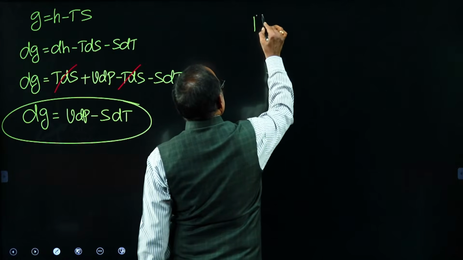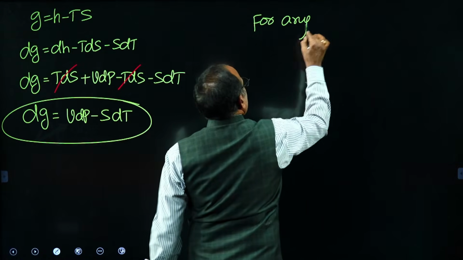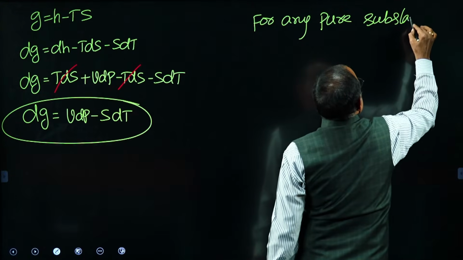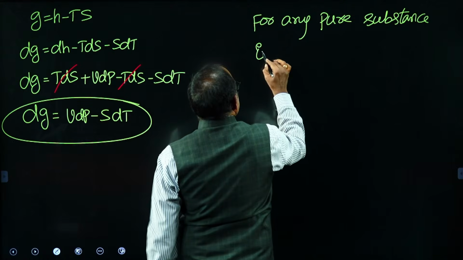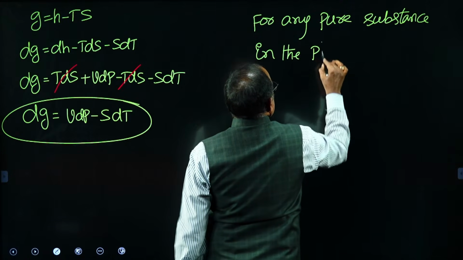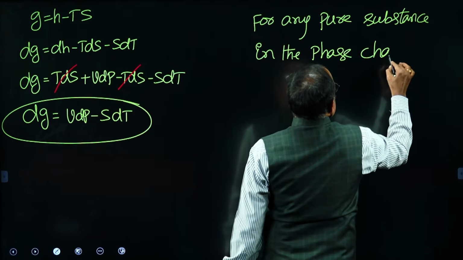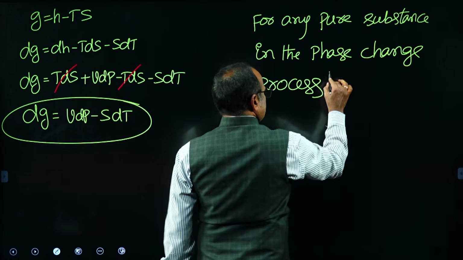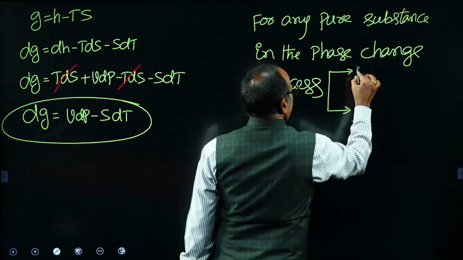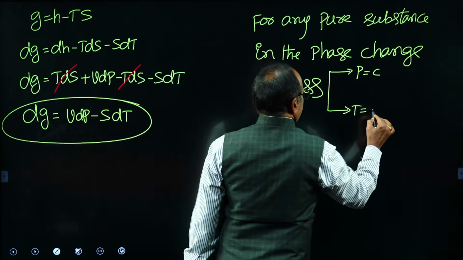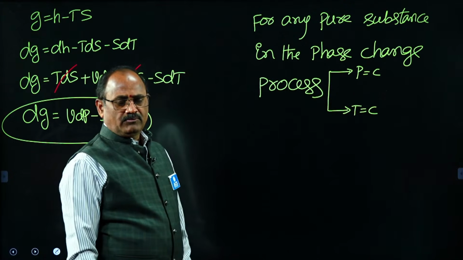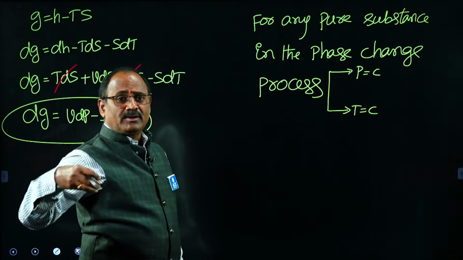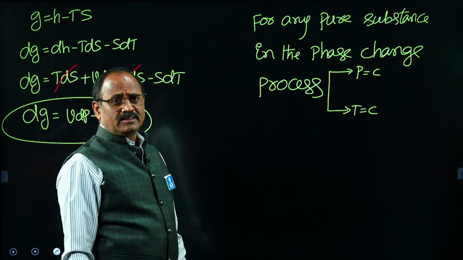Take water: while it is evaporating at atmospheric pressure, from the beginning of the evaporation to the end, it maintains a constant temperature of 100 degrees centigrade.